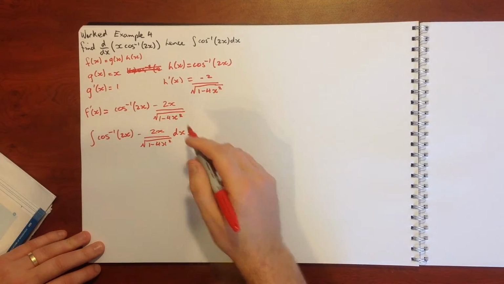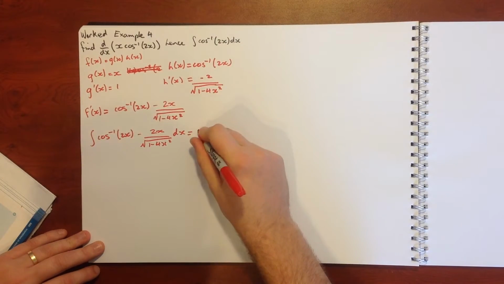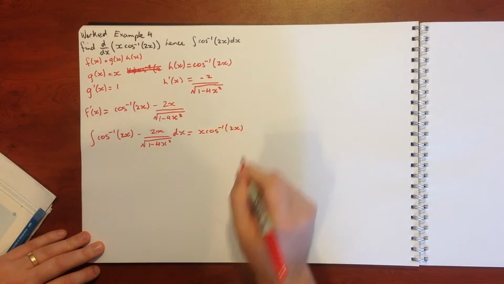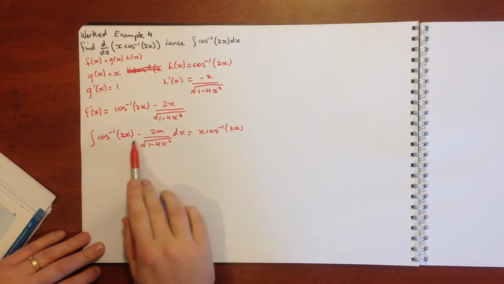Okay, and we know that's going to equal what we started with, which was x times the inverse cos of 2x. Okay, you can see this is the part that we wanted.